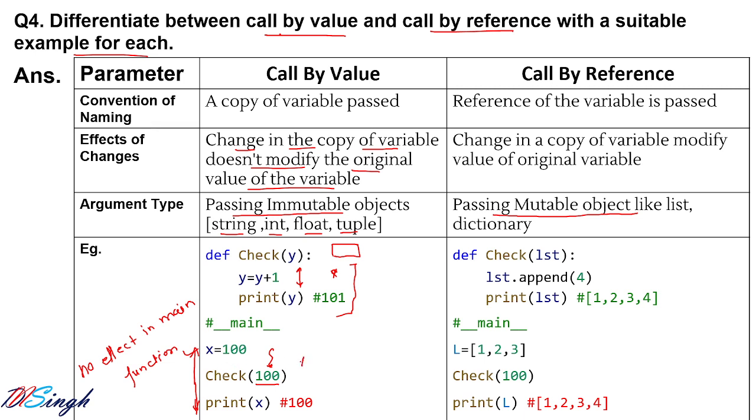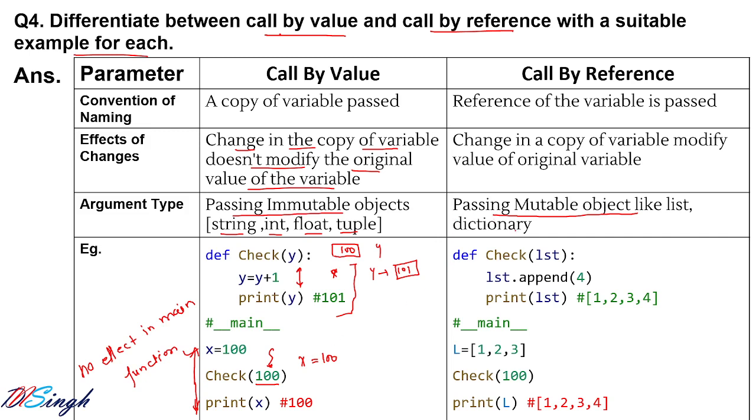Then x equal to 100 will be different from y equal to 100, and whenever you add one more to y, y will point to 101. Now x will not be changed.